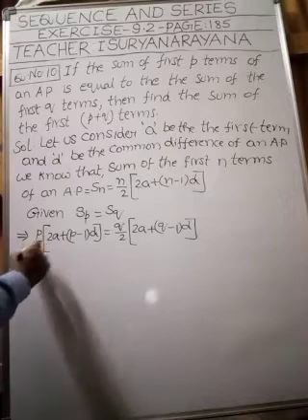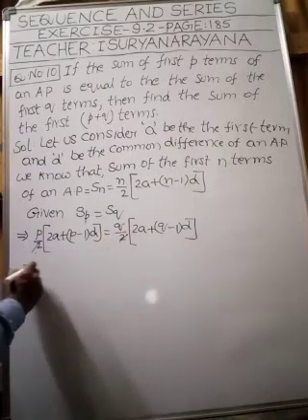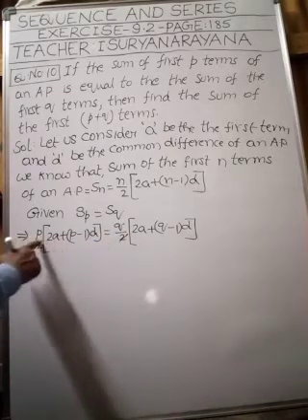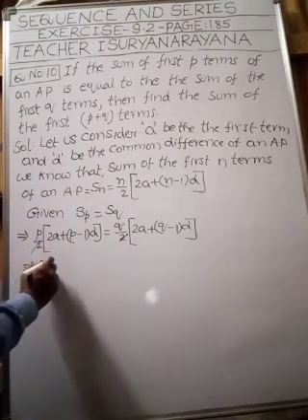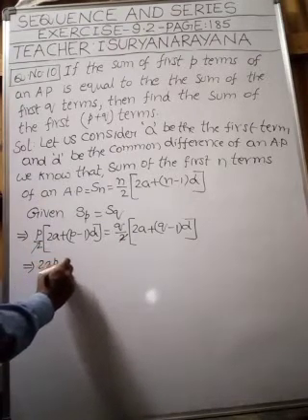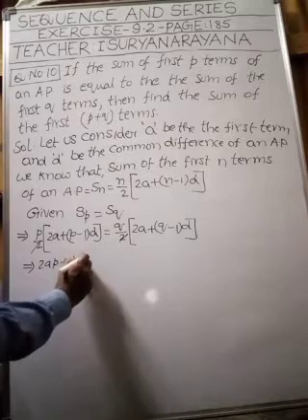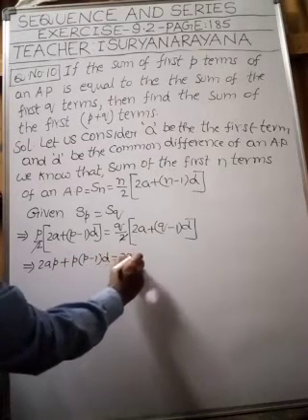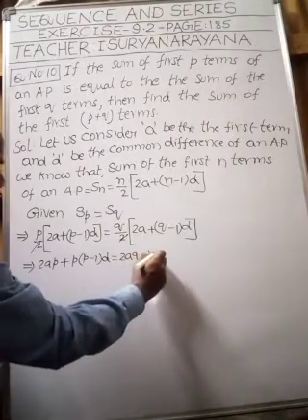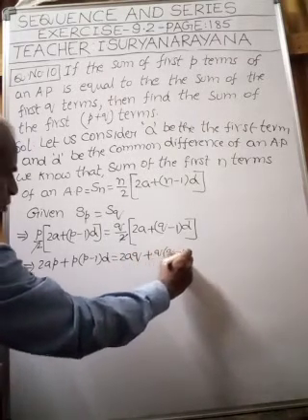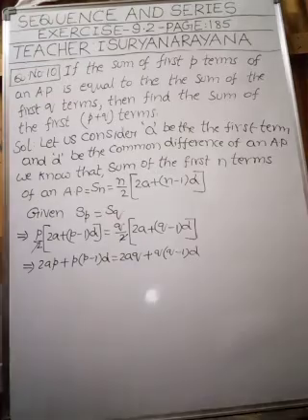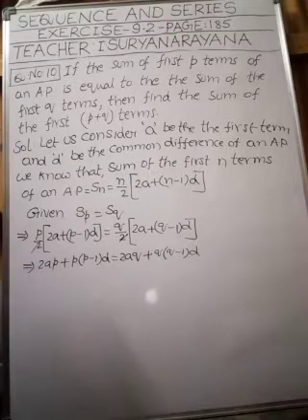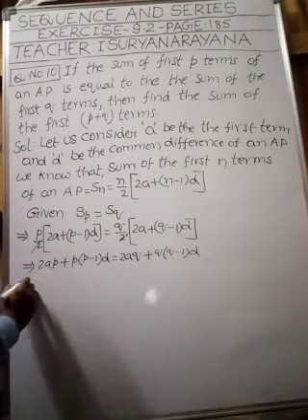Right. Here 2 gets cancelled. Let us multiply using the distributive property. 2ap plus p into p minus 1 into d is equal to 2aq plus q into q minus 1 into d. Okay, my children? Understood this step? Right. Now let us write the a terms this side.